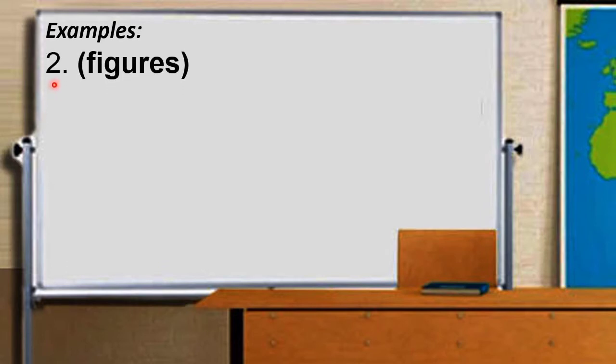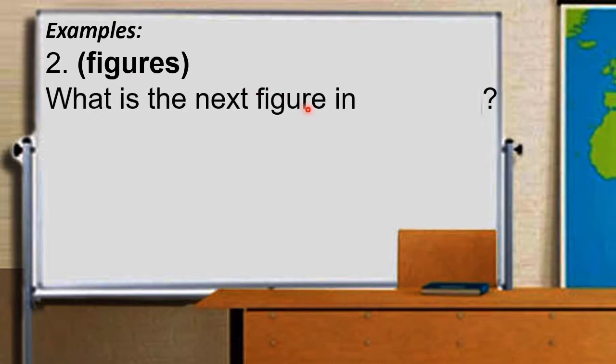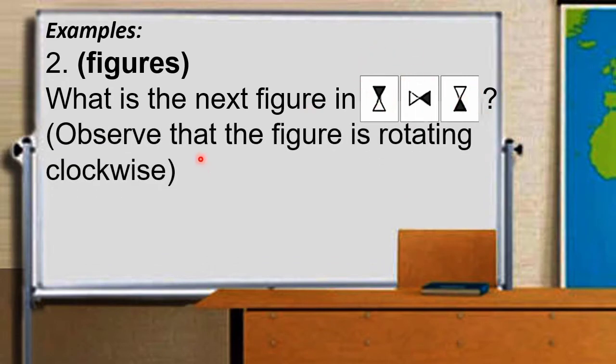So, our second example is figures. What is the next figure? So, ito yung ating figure. Okay, observe that the figure is rotating clockwise. So, titignan natin yung figure natin, umiikot siya clockwise. Nung una, yung shaded black niya, nasa upper part, and then nag-rotate siya, napunta sa right.